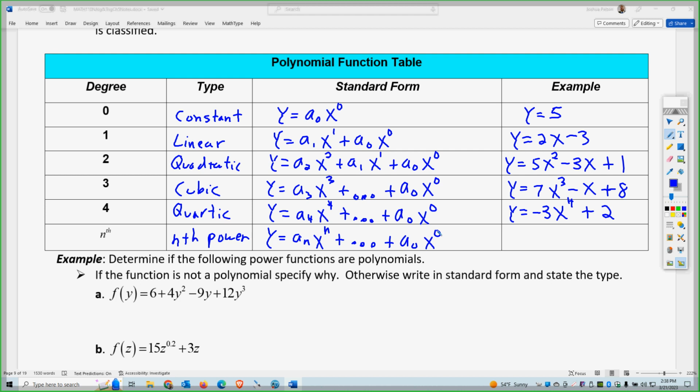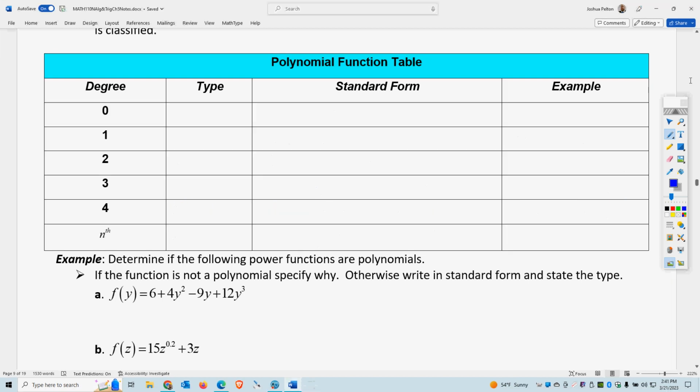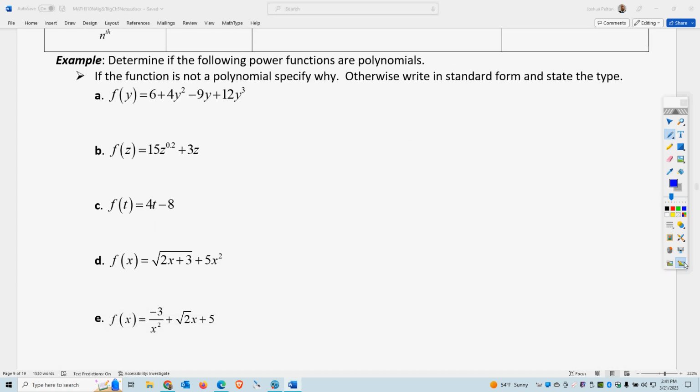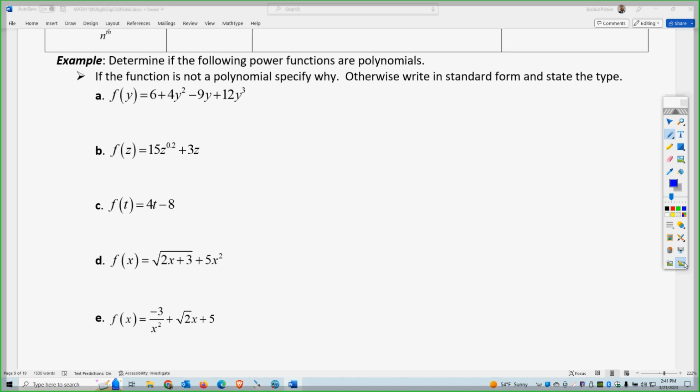Okay, so the question is, are the following actually polynomials or not? Determine whether the following are polynomials. If it is not a polynomial, why? Otherwise, write it in standard form and state the type. So the first one, yes.